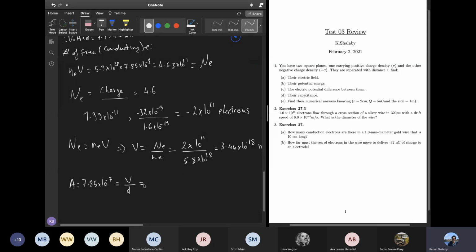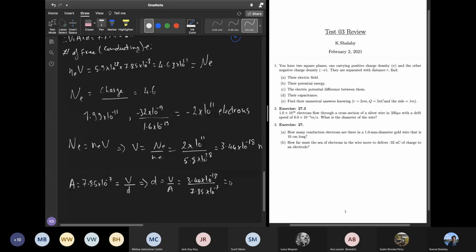So that means our D is equal to V over A, which is 3.44 times 10 to the power of negative 18 over 7.85 times 10 to the power of negative 7.